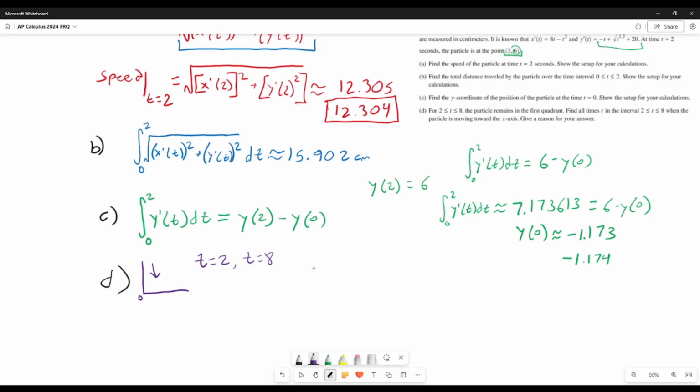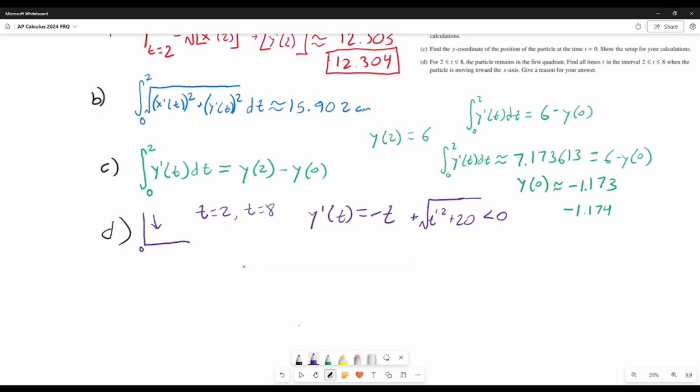So what this means is we are going to be using our y prime of t formula, and that again is negative t plus the square root of t to the 1.2 plus 20. So we want to know when this is less than 0.